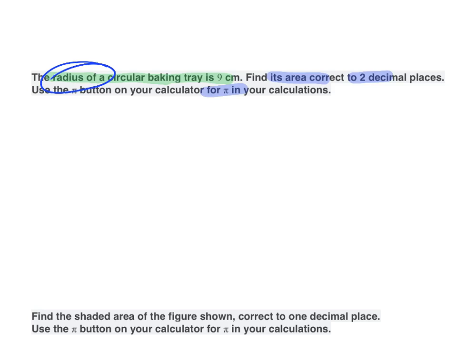All right, so when we look at this, again, what they're asking us is they gave us a circle. Okay, this is a circular baking tray, and it has a radius. So from the middle out is going to be 9 centimeters, right? Okay, so again, we go back to the formula.